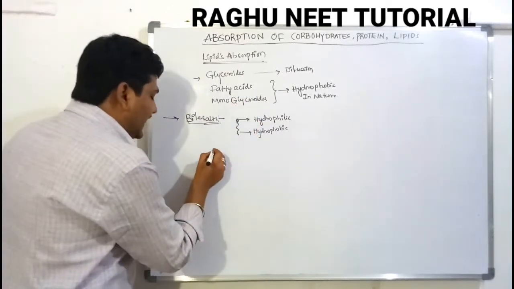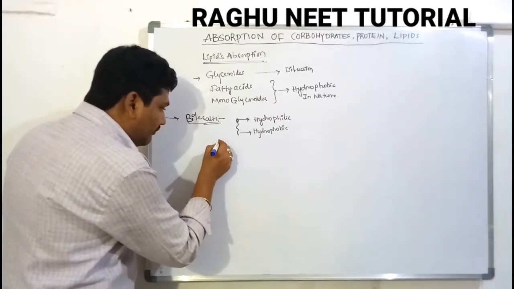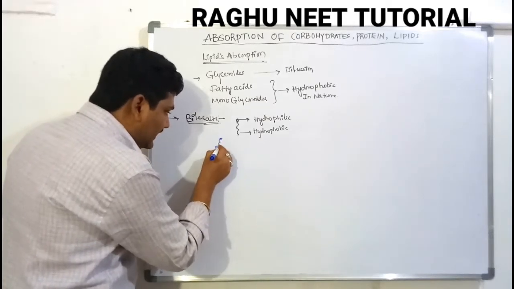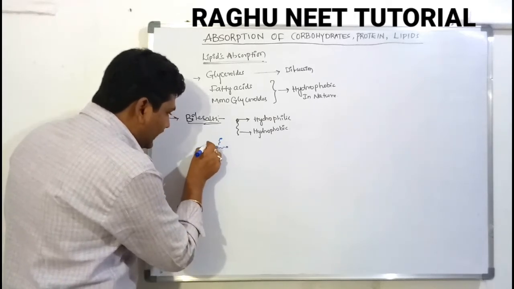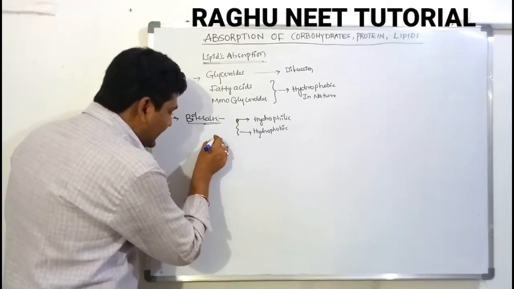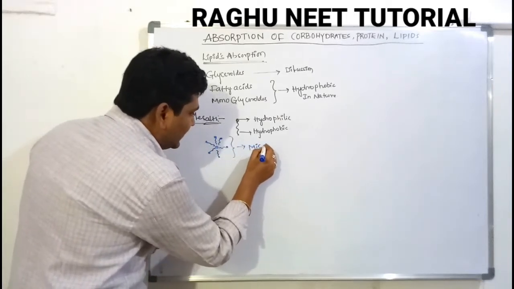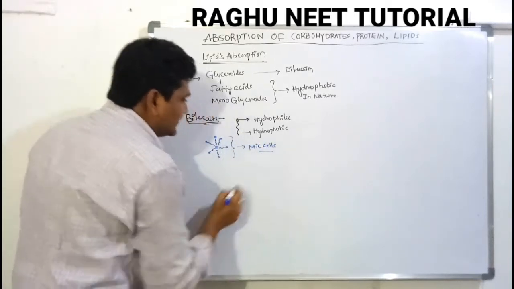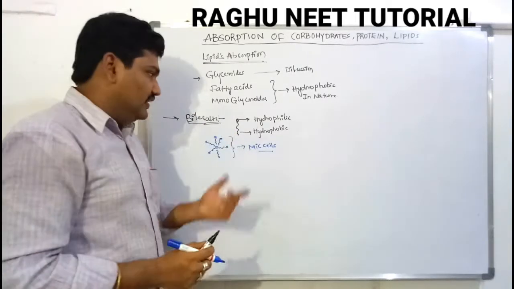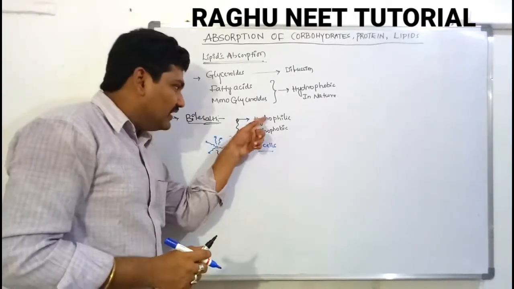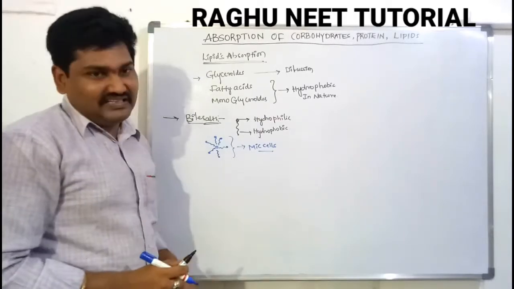So the fatty acids and monoglycerols are completely surrounded by bile salts. These are called micelles. What is a micelle? The fatty acids and monoglycerols surrounded by bile salts, with the hydrophilic and hydrophobic parts, are known as micelles.